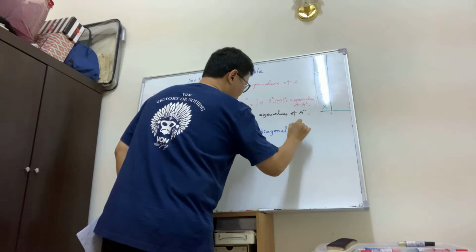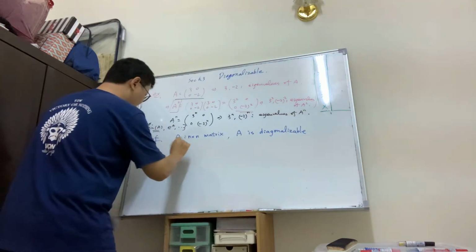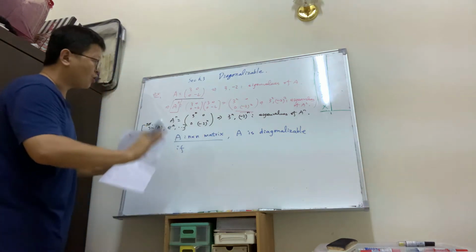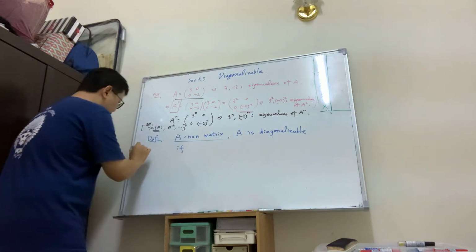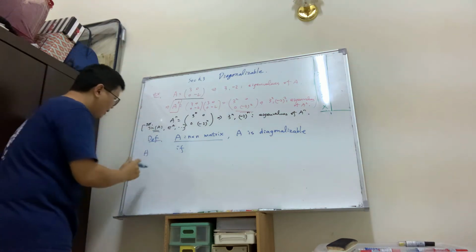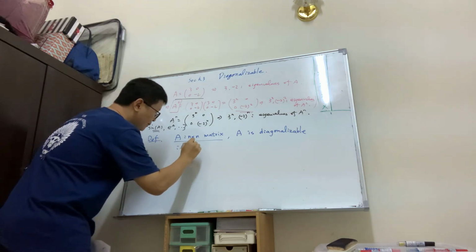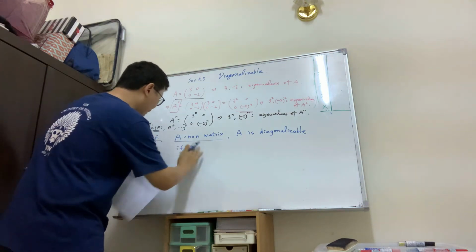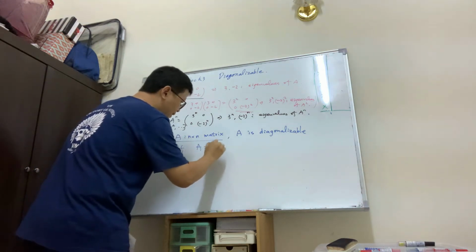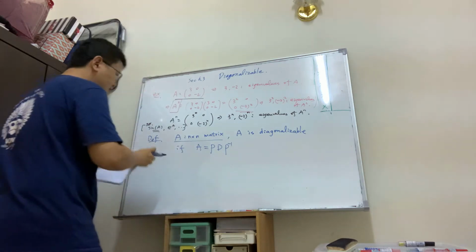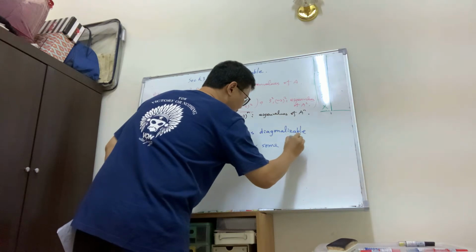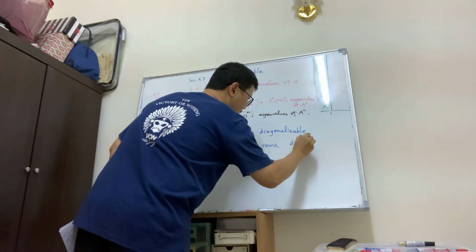It means that, for the matrix A, probably it's not diagonal originally, but as we said in section 6.1, we could find some diagonal matrix D such that A equals P D P inverse.